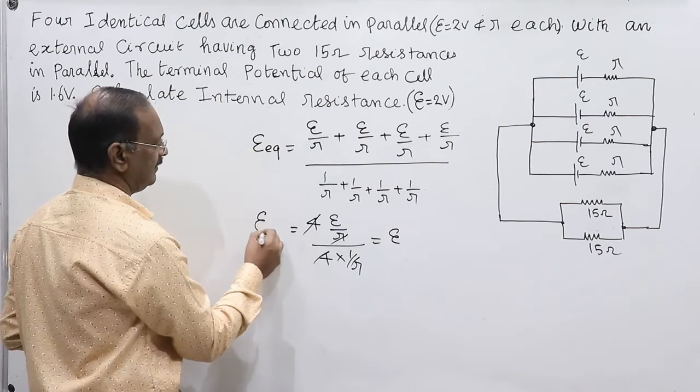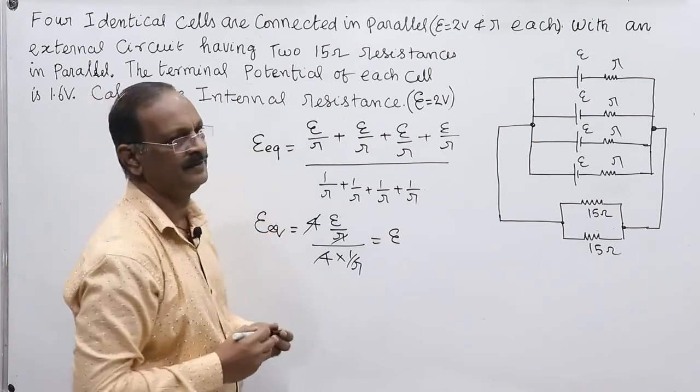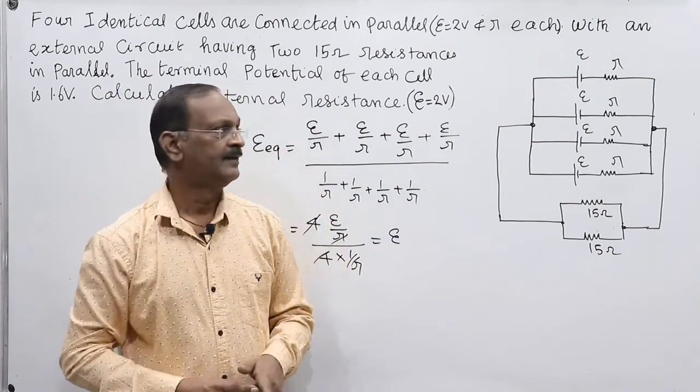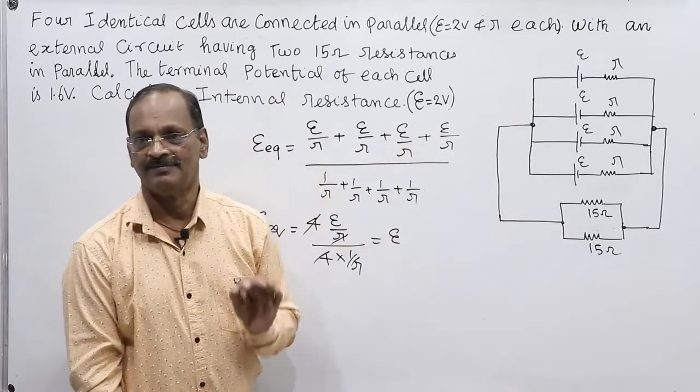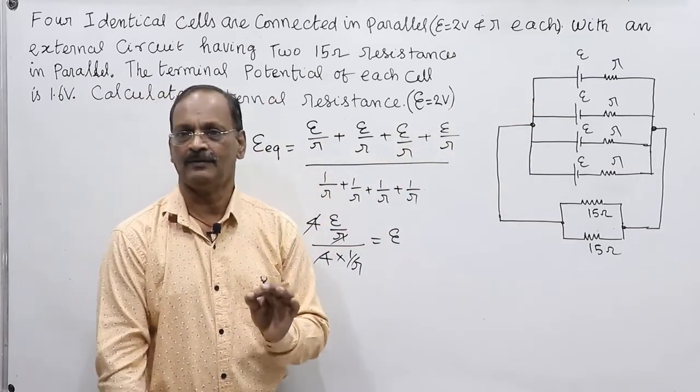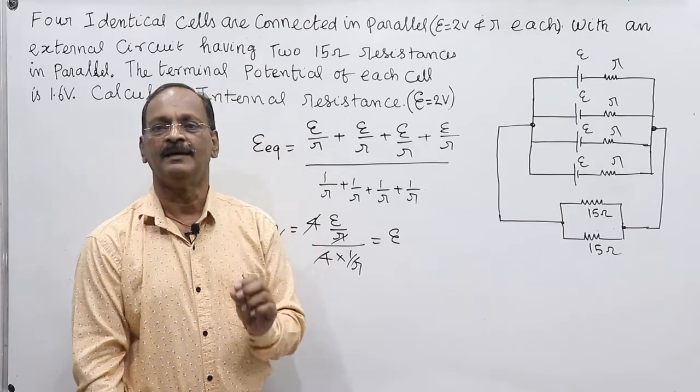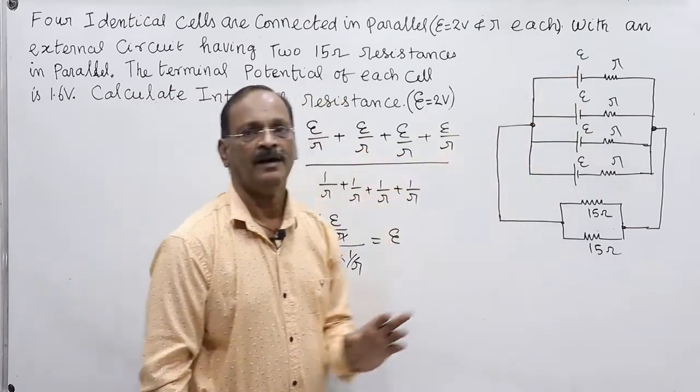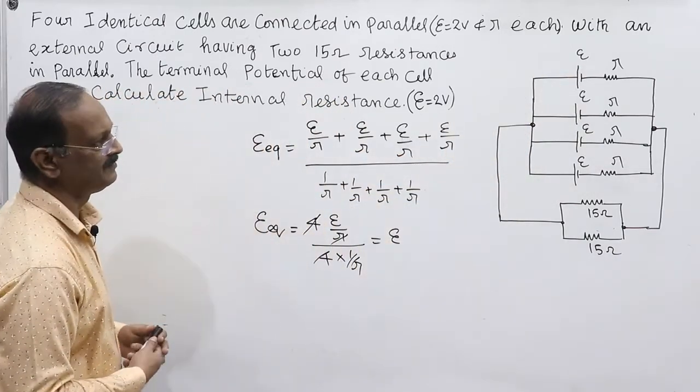So E equivalent is E. We have already proved that for n identical cells, the EMF of the equivalent circuit will be the EMF of a single cell, where all the cells have the same EMF.